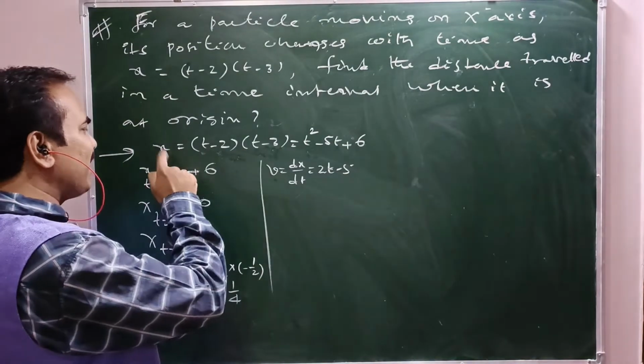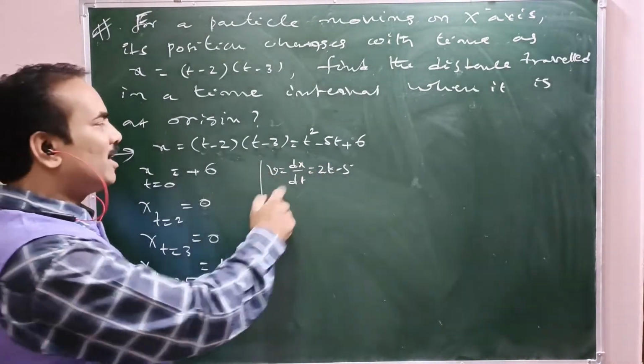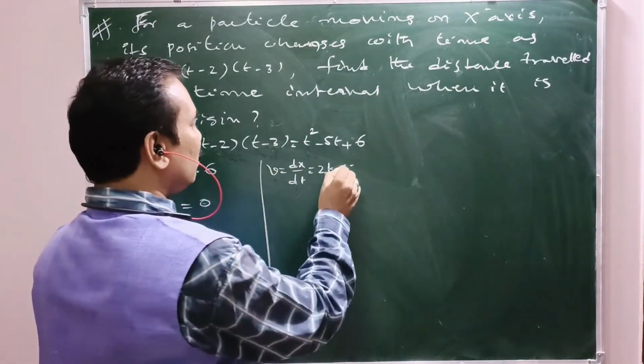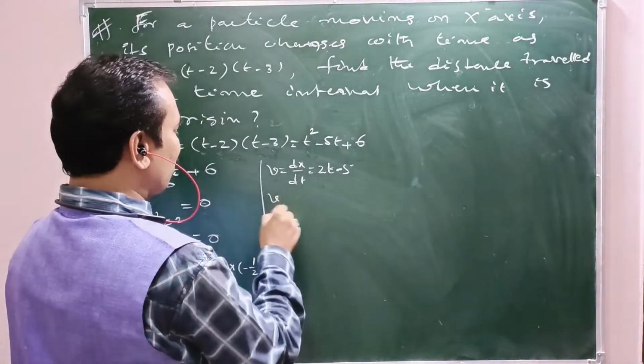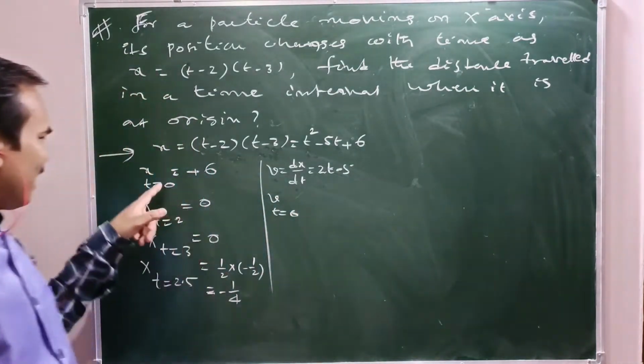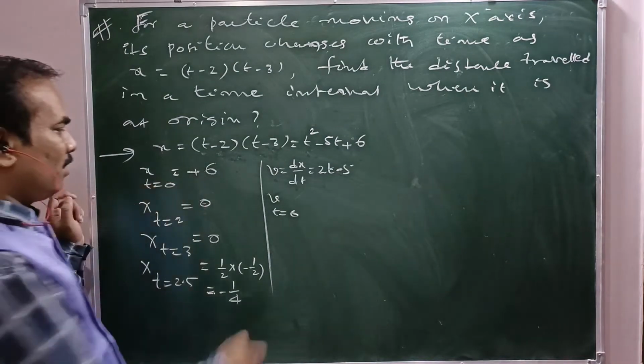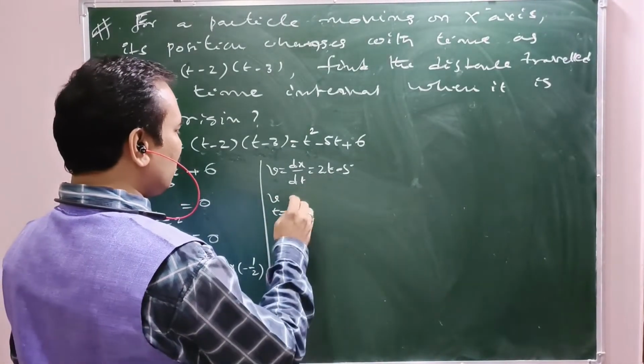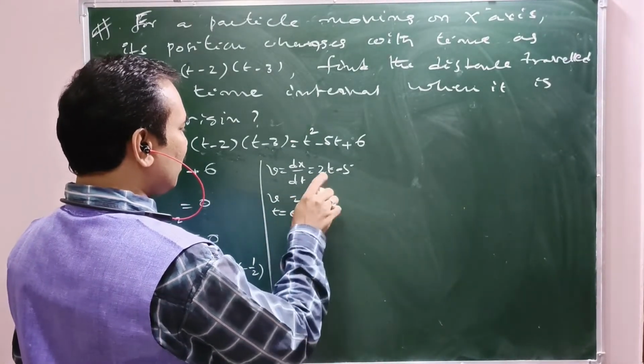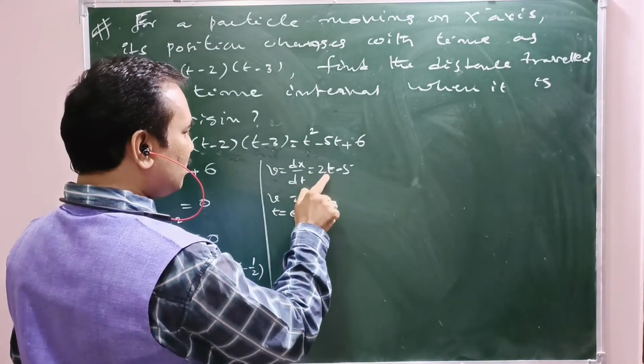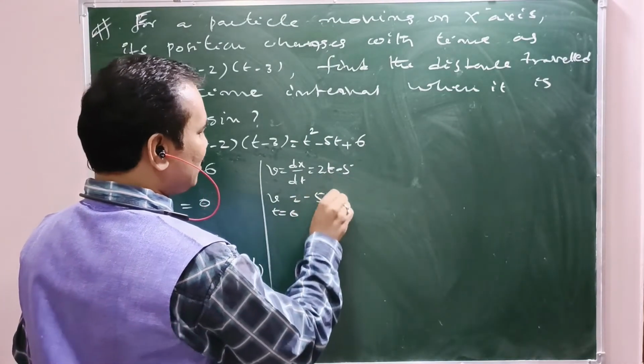So velocity is 2t minus 5. Velocity at t equal to 0, the initial velocity when it is lying at plus 6 units, is 0 minus 5, that is minus 5 meters per second.